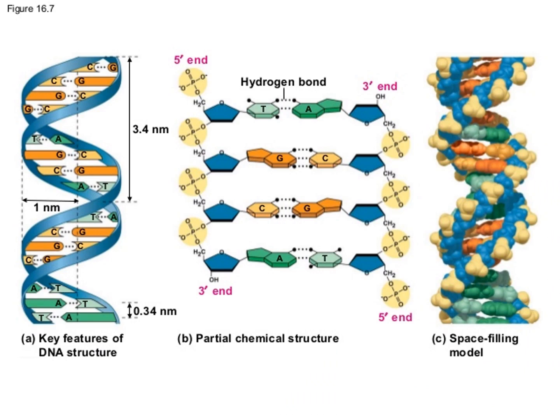Here's a picture of a ribbon model, a chemical structure model, as well as a space filling model to show you how DNA can be depicted. On the left-hand side and the right-hand side, you're getting an idea of that double helix and the rotation of DNA.